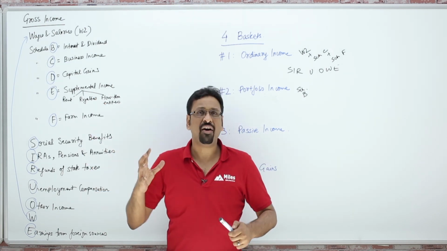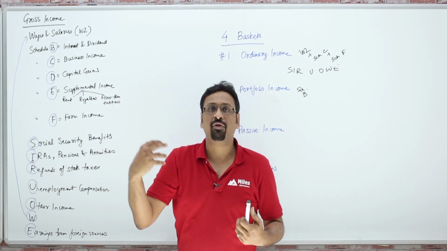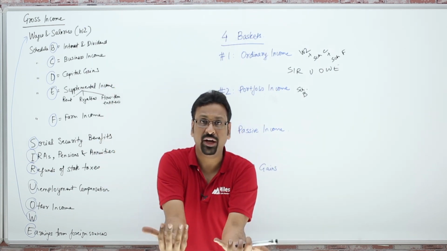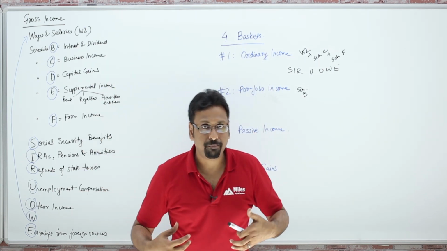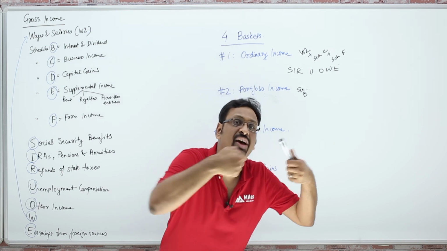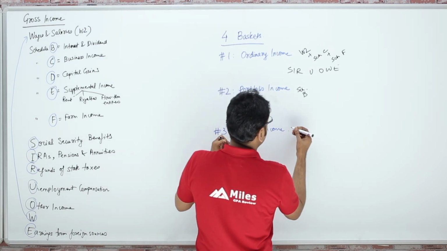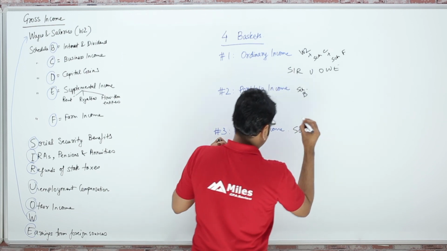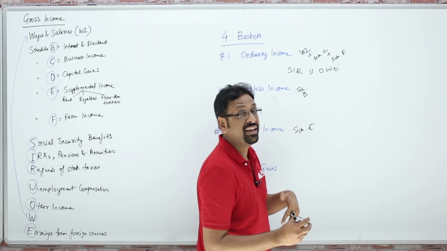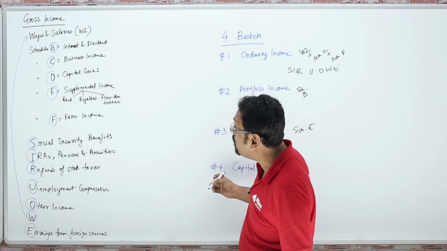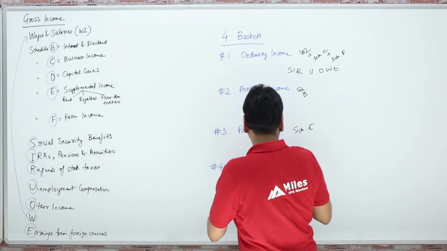I mean, you have a house property, now you're getting rent from it. You have intellectual property, you're getting royalty income. You have partnerships or S corps where you've invested, now you're getting income from all of that. So all of that is passive income, the third basket, Schedule E. And if you have capital gains, we know that is Schedule D. So Schedule D comes in here.